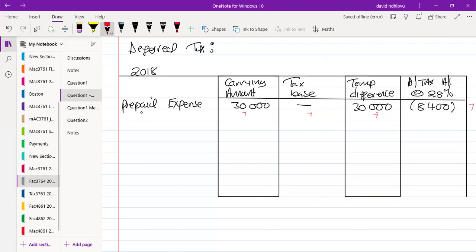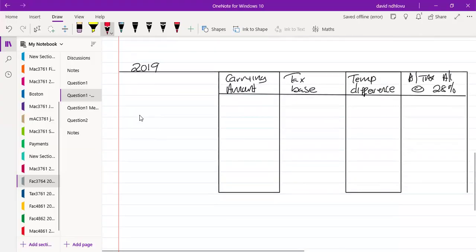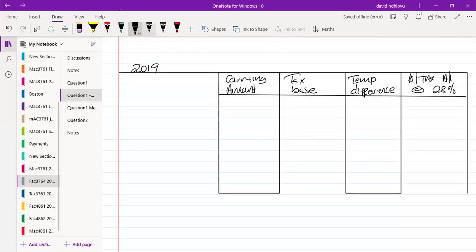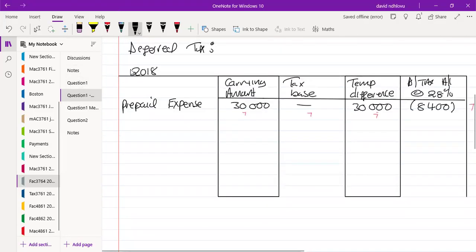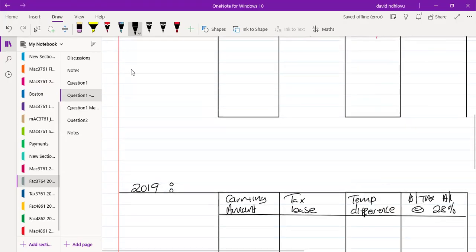Right, this particular prepaid expense does not apply to the year 2019, because in 2019 we eventually recognize this expense. And how do you recognize it? By debiting the expense, whatever it is. This is a prepaid expense, isn't it? We said we don't recognize it in 2018, but we create an asset, which is a prepayment.